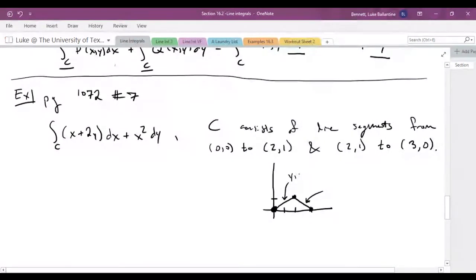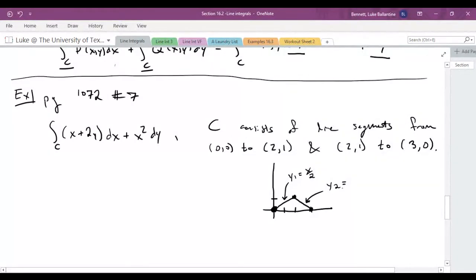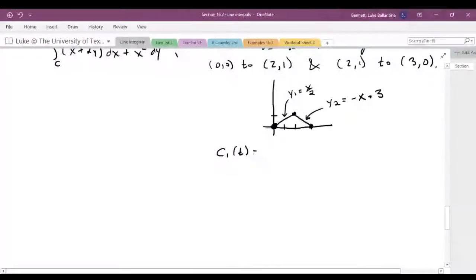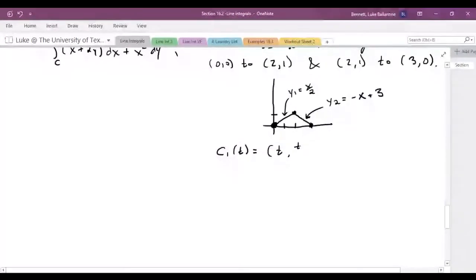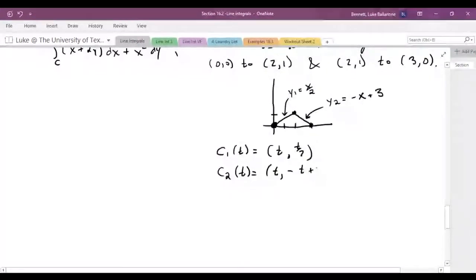This is y1 equals x over 2. This is y2 equals, let's see, a slope of negative 1 with intercept at 3. So then, proper parameterization, let's call this C1 of t equals t, t over 2. That's for y1, and then for y2, we have t, negative t plus 3.